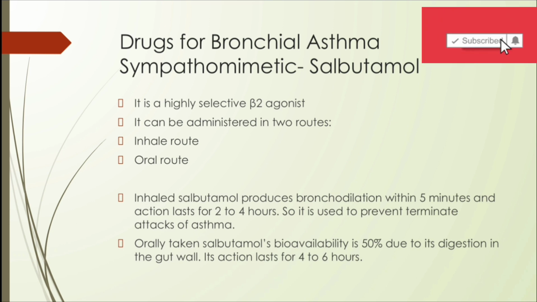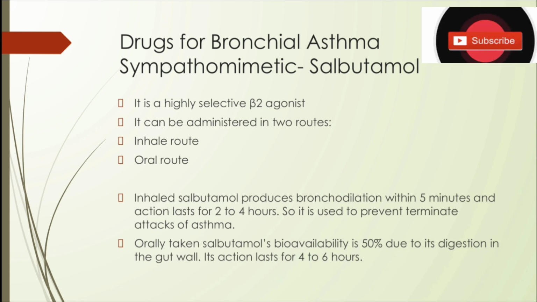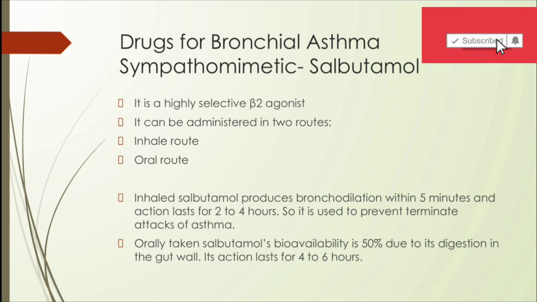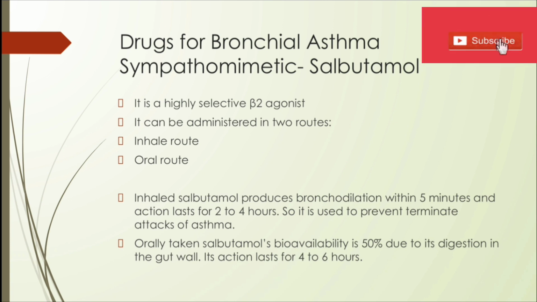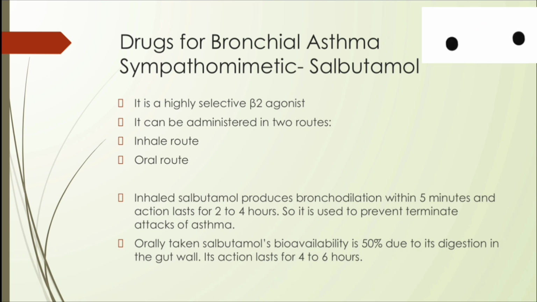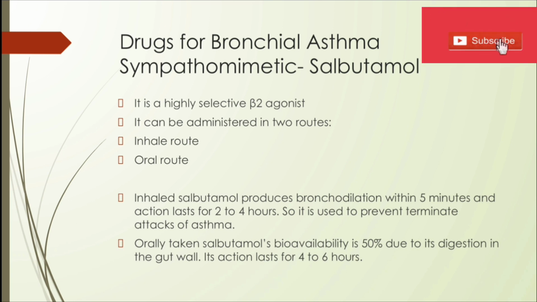So basically, it is a highly selective beta 2 agonist. It can be administered by two routes, inhaled or oral. Inhaled salbutamol produces bronchodilation in 5 minutes, lasts for 2 to 4 hours, and is used to terminate attacks of asthma. Oral bioavailability is 50% due to digestion in the gut wall, and its action lasts for 4 to 6 hours.